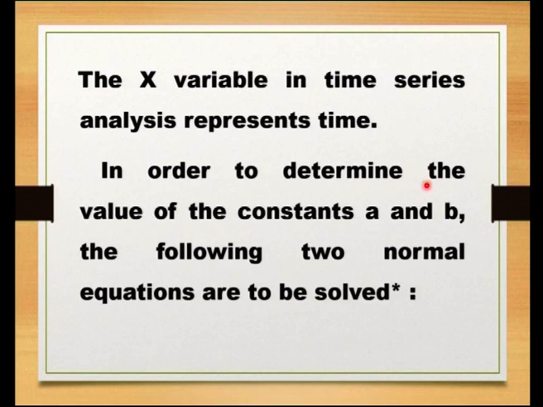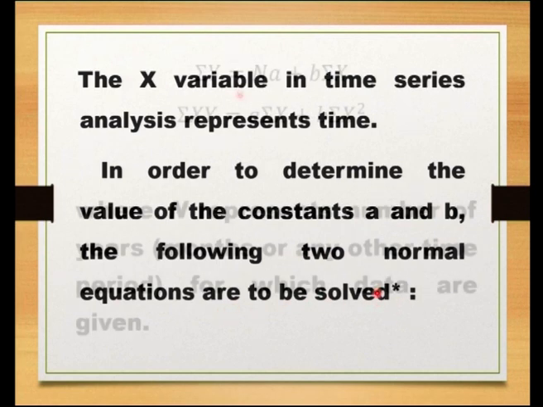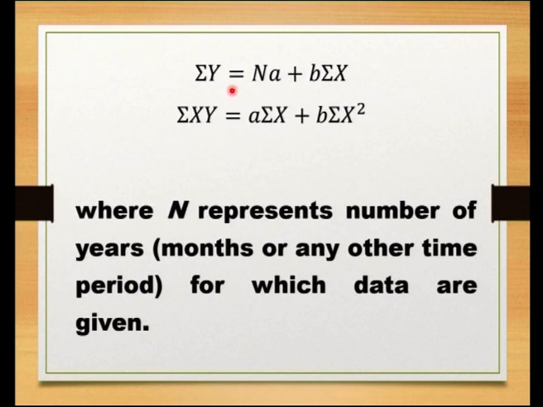In order to determine the values of the constants a and b, the following two normal equations are to be solved. The two normal equations are: summation y is equal to n a plus b into summation x, and summation xy is equal to a into summation x plus b into summation x square, where n represents the number of years or months or any other time period for which data are given.